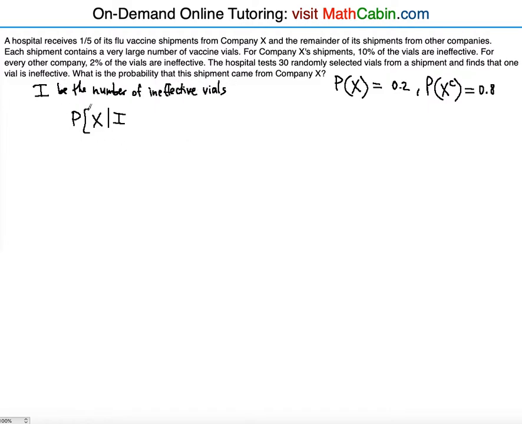So what we're looking for is X given I is equal to 1. Right? Because this is the conditional probability given here. The hospital tests 30 randomly selected vials from a shipment and finds that one vial is ineffective. So I is equal to 1. That's the given.